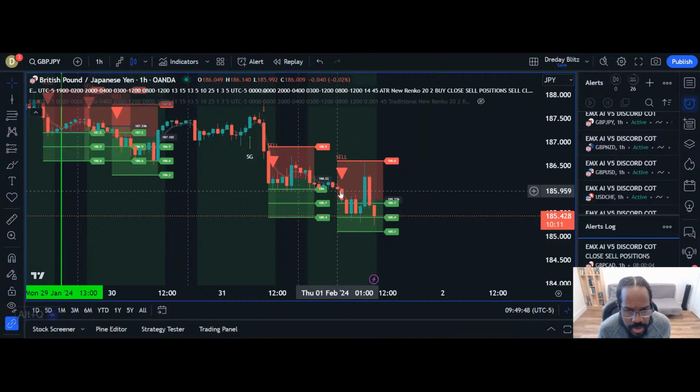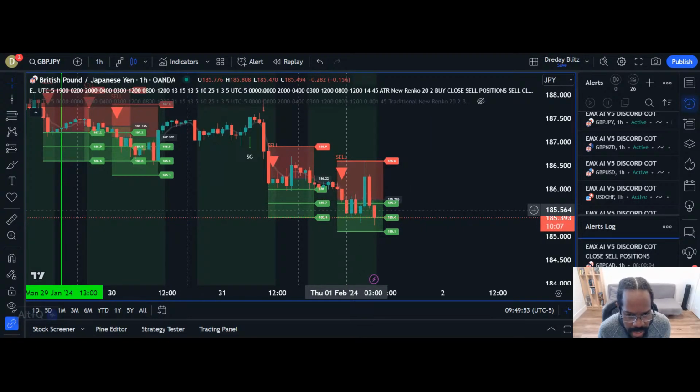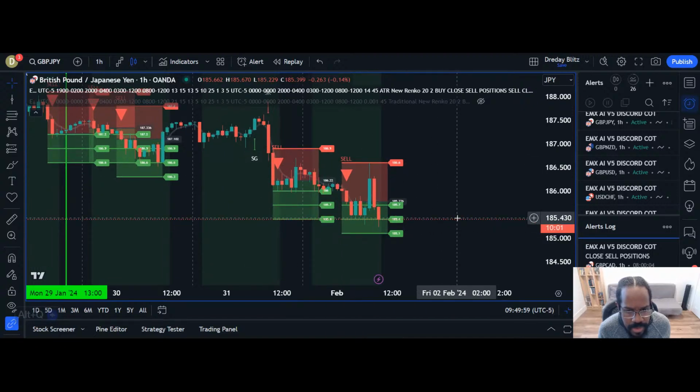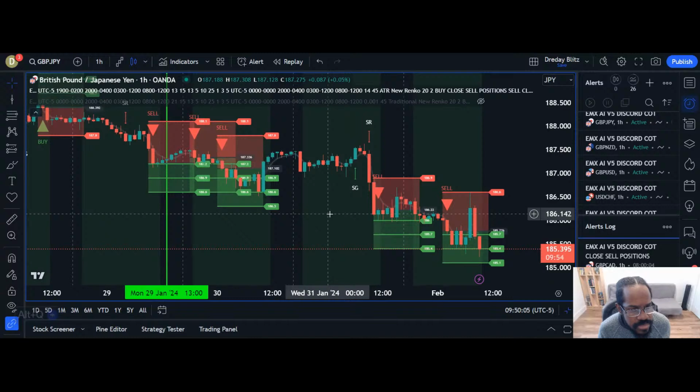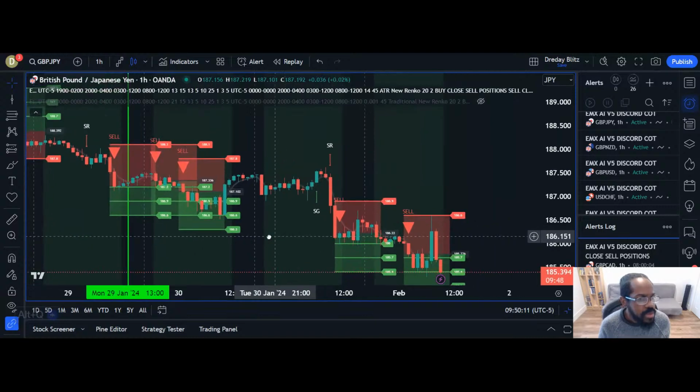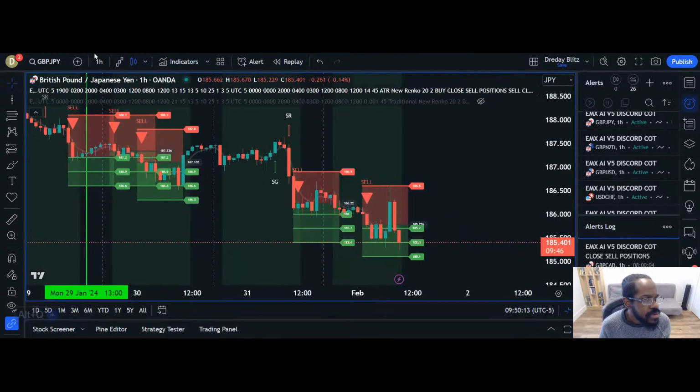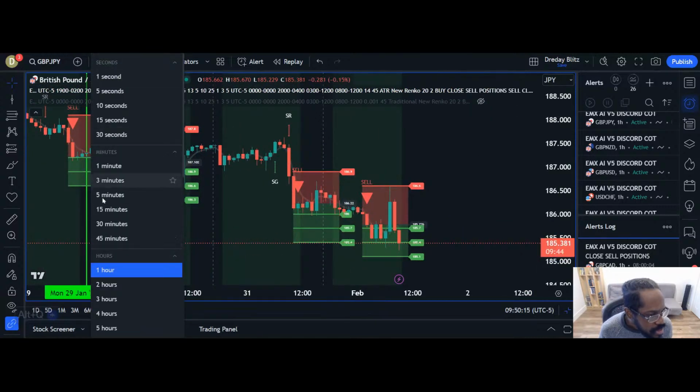And then we had another one here at London. So it retraced back up, started to go down. So looking good. So let's look at the 15-minute chart.